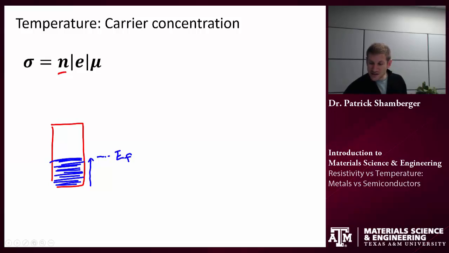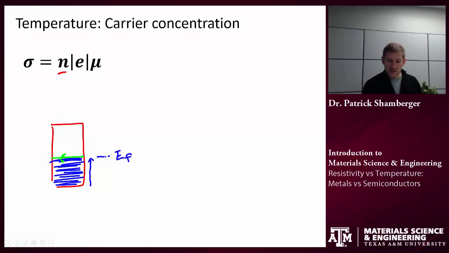Now, this is a nice picture, but it's actually a little bit more complicated than that, because at any given finite temperature, we're exciting some of these electrons up to higher energy levels. And the amount that we excite up is going to be related to the temperature in the system. So if I have something that's exactly at 0 degrees Kelvin, perfect zero, then I will fill up to the Fermi level and stop, and I will have no occupied energy levels above that.